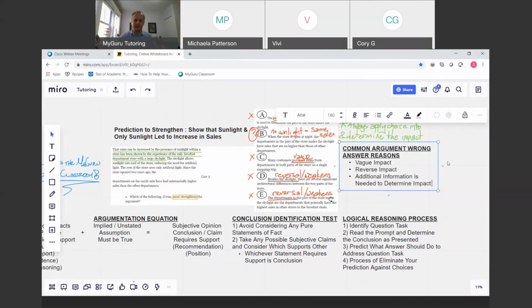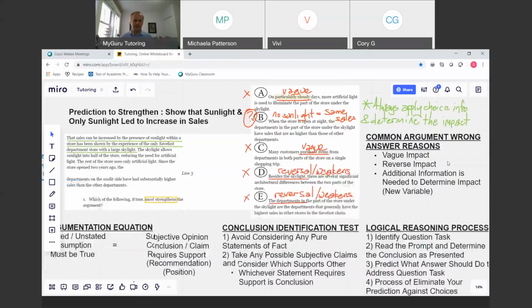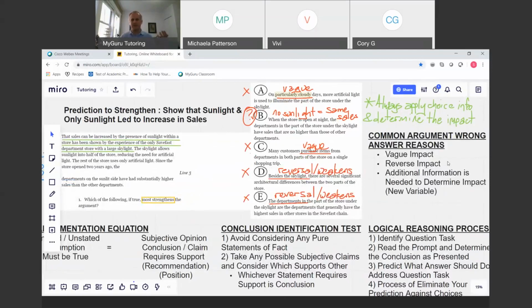And this is basically where they introduce a new variable to the prompt. So you're looking at it and you're like, well, this is some sort of new information, maybe they talk about another store brand. Like instead of Fast, they start talking about Fast Save. And you're like, okay, I don't know anything about Fast Save, so I can't determine what the impact is.